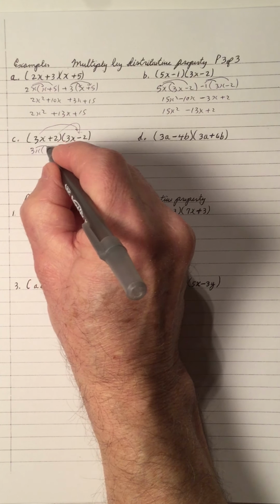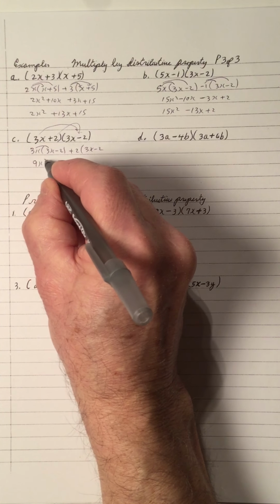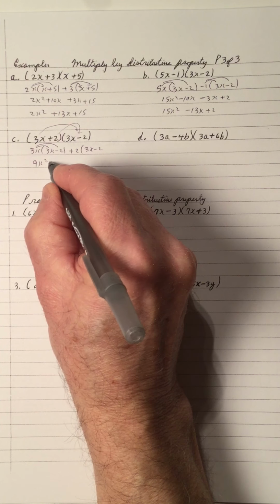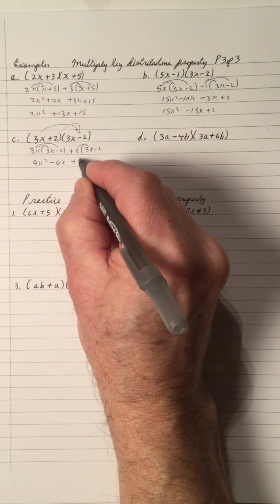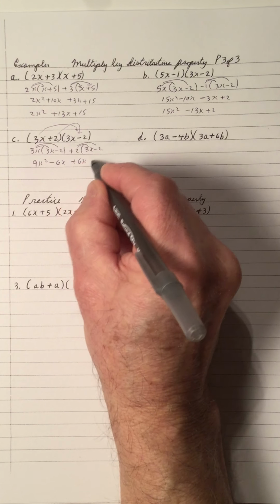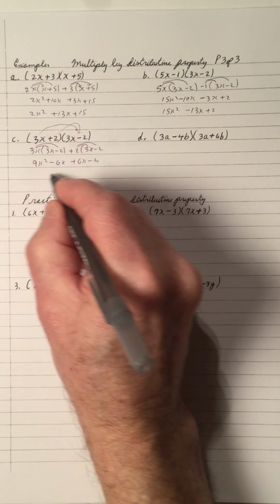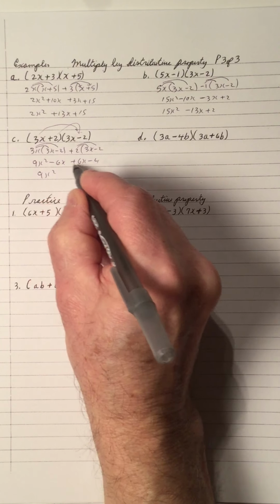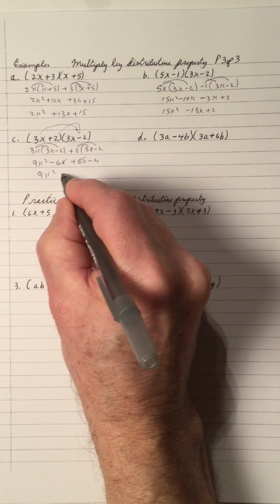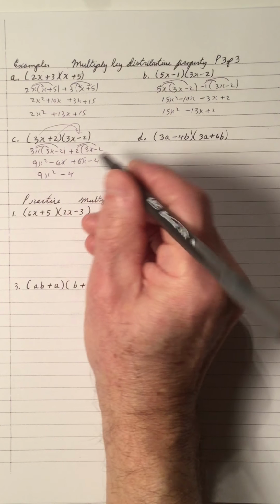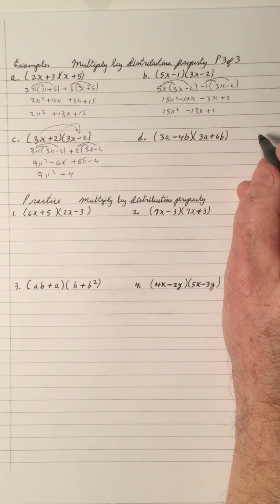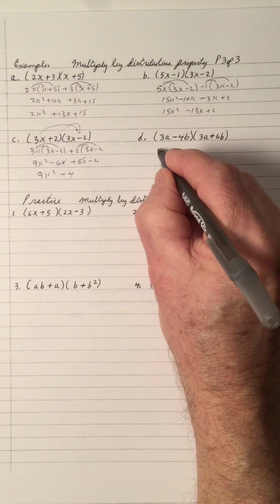Now we go 3x times 3x, 9x squared. 3x times negative 2, negative 6x. 2 times 3x, 6x. 2 times negative 2, negative 4. Add up, and they give you 0. So I don't have to put 0x in. Normally you won't see it.